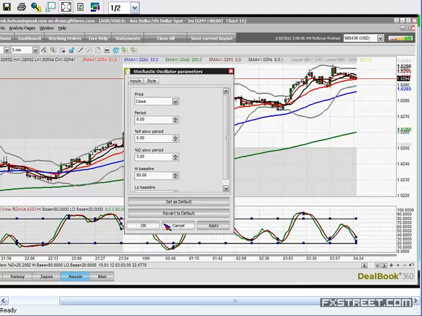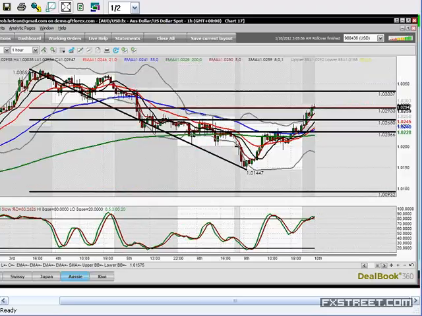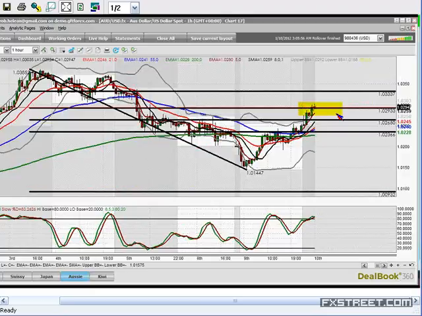So if I go back to the Aussie dollar, we'll just use the hourly chart. We're at a 618. We're at around a weekly central and role reversal area and major psych level.